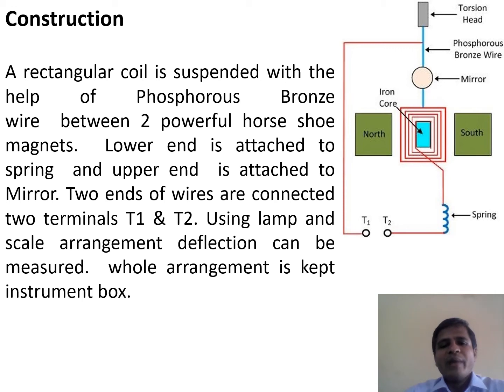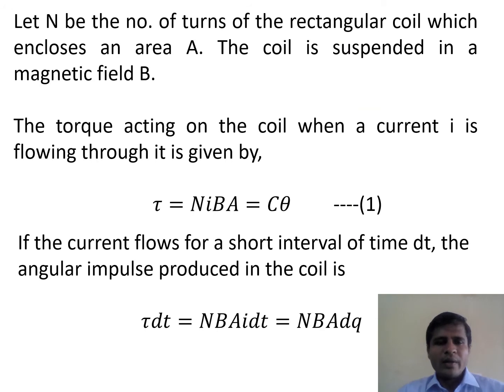Using the lamp and scale arrangement, the deflection of the ballistic galvanometer can be measured. The whole arrangement is kept in an instrument box. Now, the theoretical background of the ballistic galvanometer.